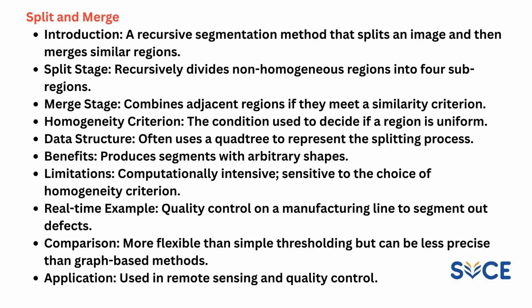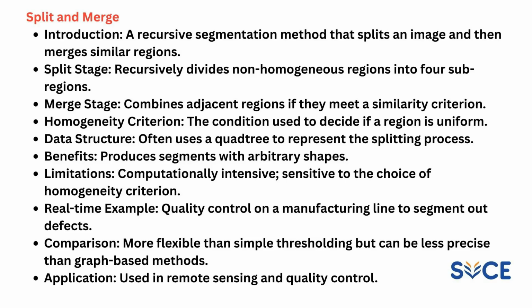A great real-time example is quality control on a manufacturing line, where automated systems can inspect a product surface for defects. If a defect is a different color or texture from the rest of the product, the split-and-merge algorithm can find it.